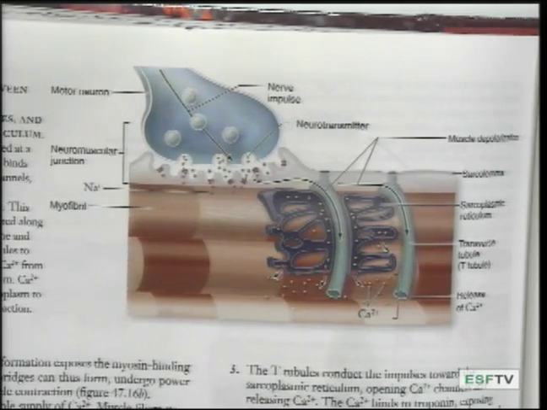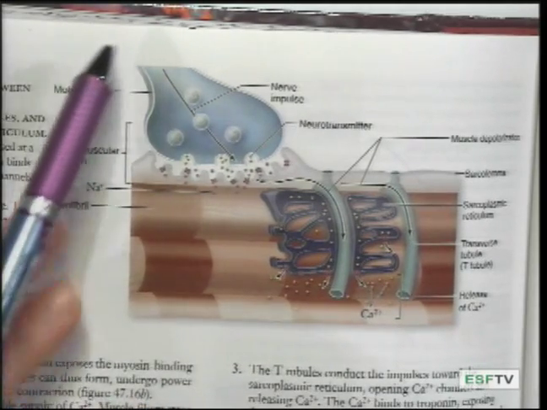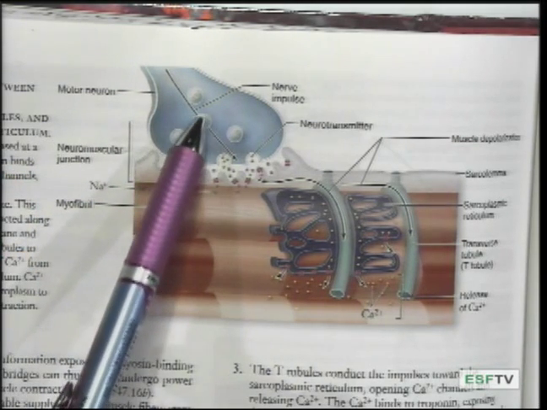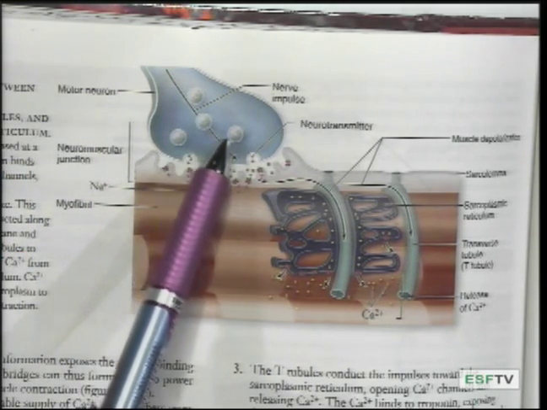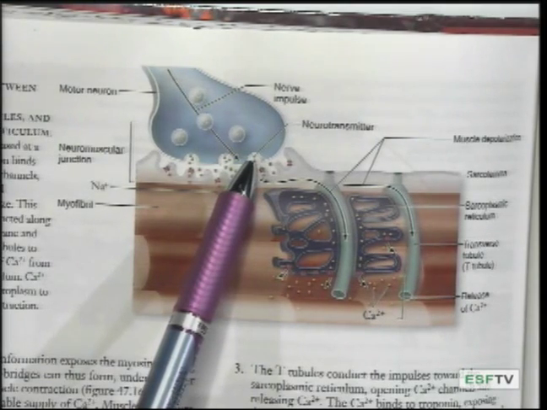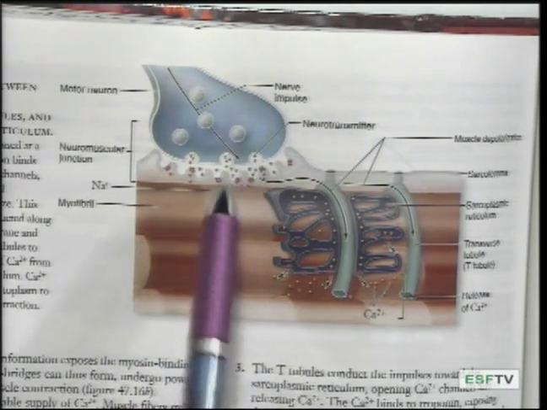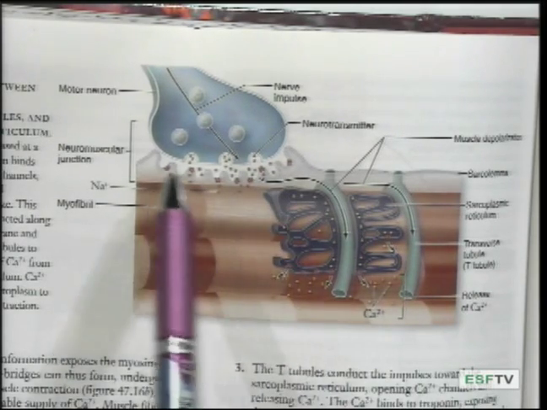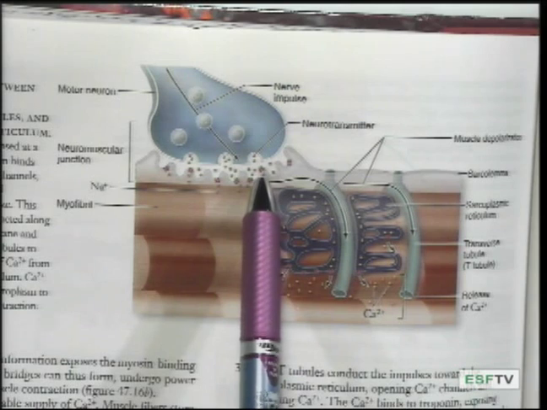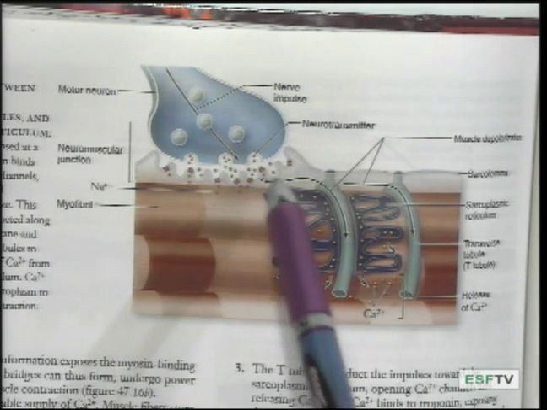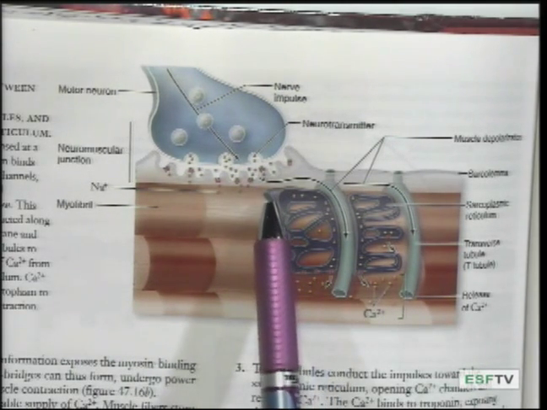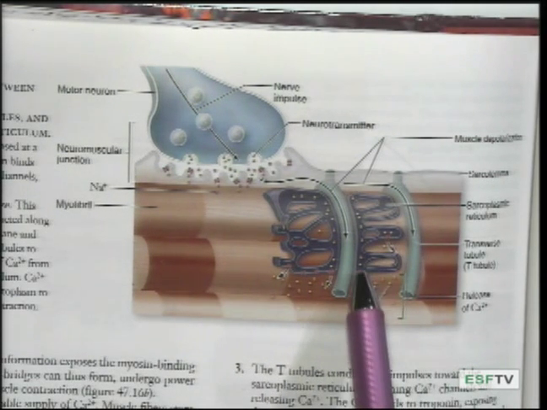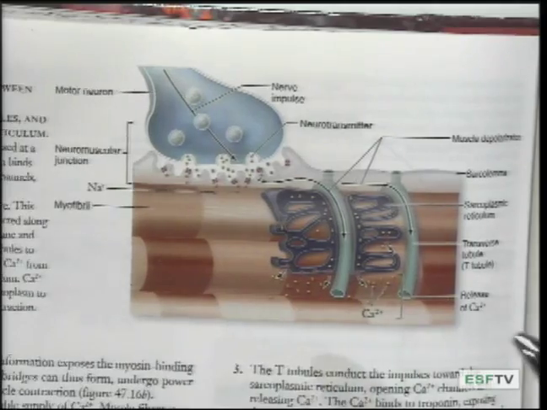So the nerve impulse comes down from this presynaptic neuron. These synaptic vesicles release the neurotransmitter, in this case acetylcholine. Acetylcholine binds to receptors on this postsynaptic membrane, which causes the sodium channels to open. The sodium floods in. That causes the calcium to be released from the sarcoplasmic reticulum.